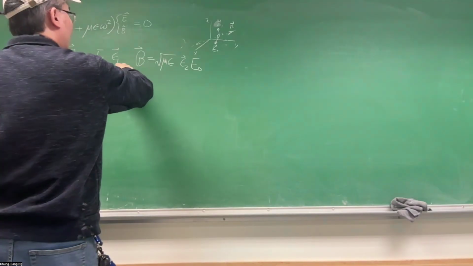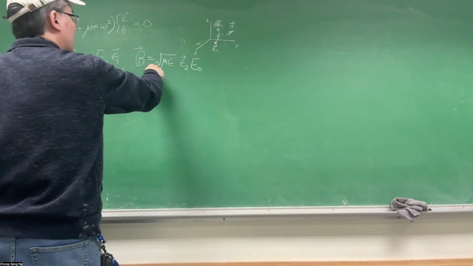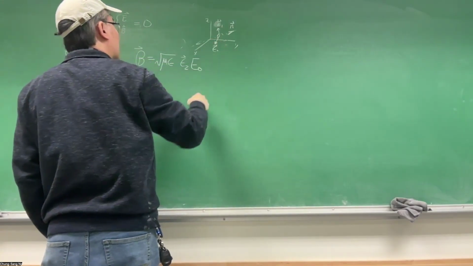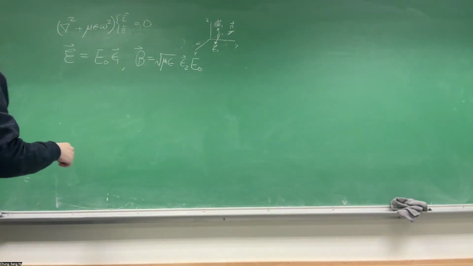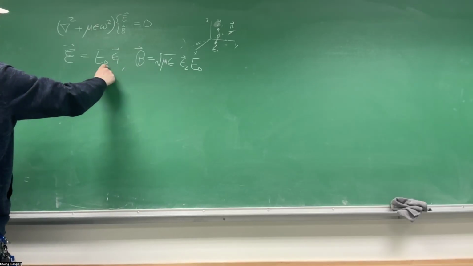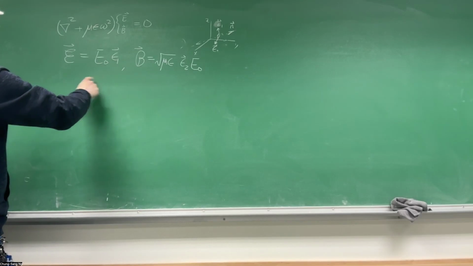Because this is given by n cross epsilon 1, which is epsilon 2. So that forms one solution. They have to be related to each other like that.